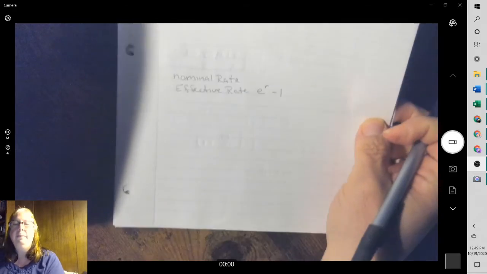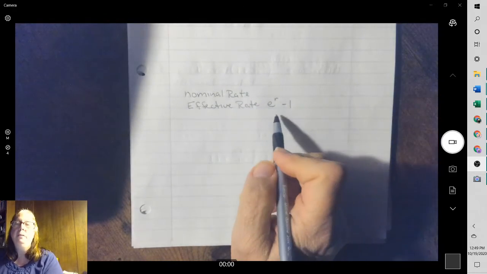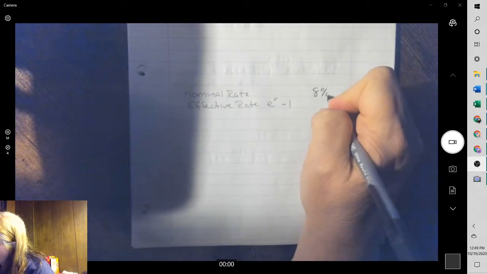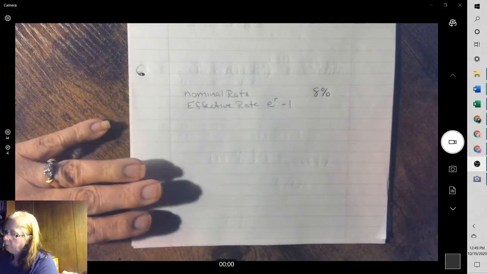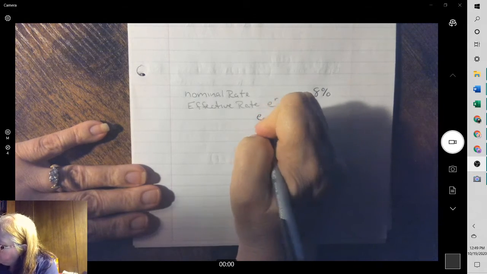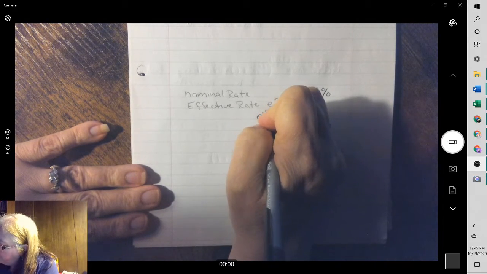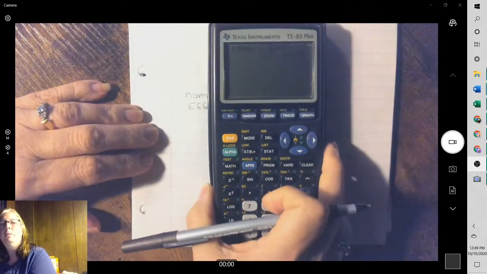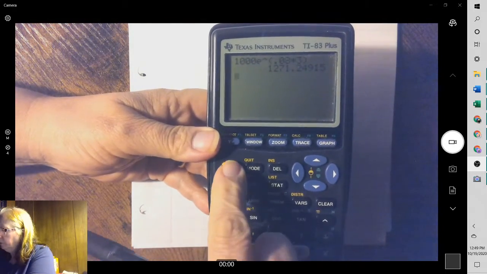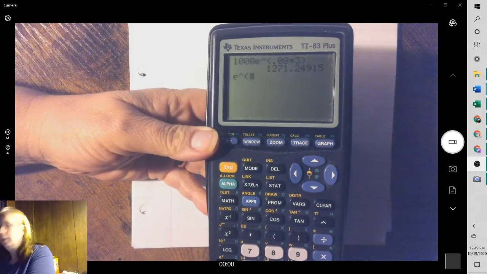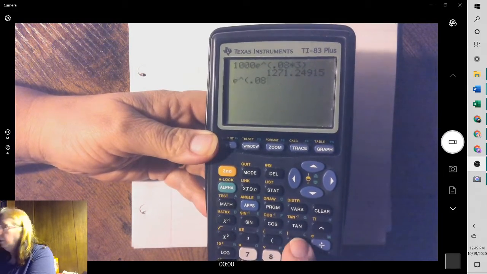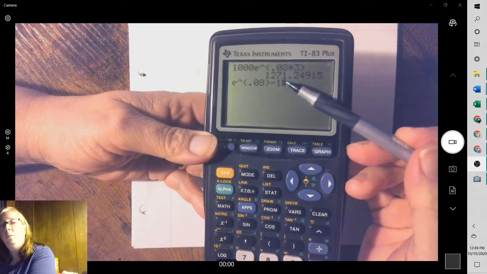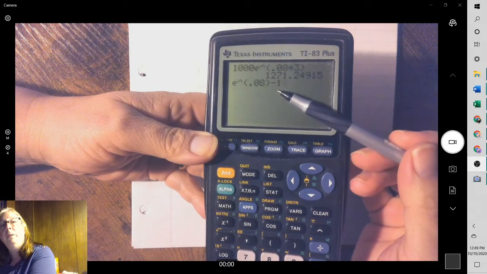To find the effective rate, we use this formula. And if we keep with the 8% from the problem before, it would be e to the 0.08, minus 1. Now what you need to be careful with on this one, we do our second e to get e up, then 0.08. You need to close the parenthesis before you subtract the 1, because the 1 is not up in the exponent.